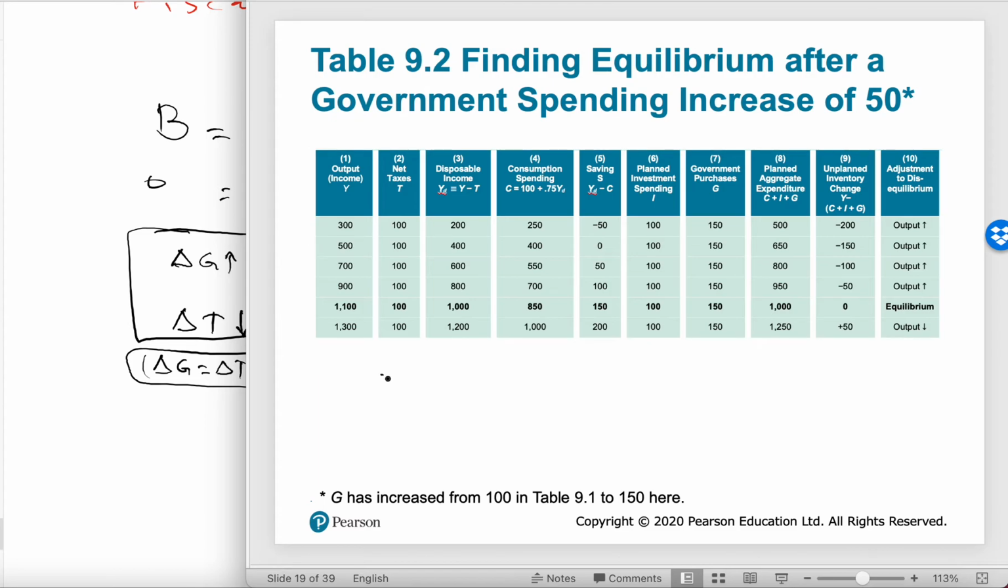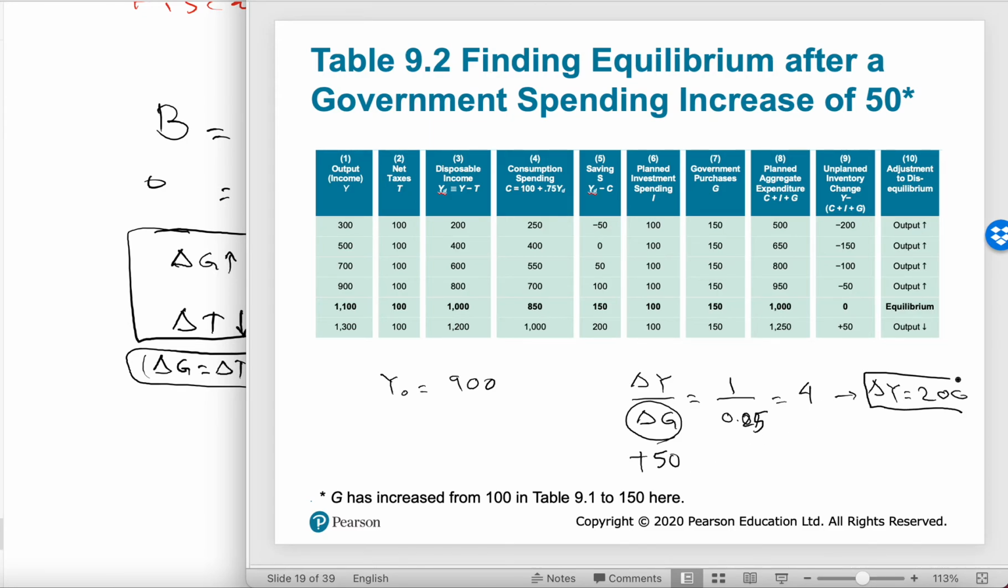Delta Y over delta G is 1 over 0.25, which is 4, and G is increased by 50. So how much is delta Y going to be? Delta Y is going to be 200, and so the new equilibrium is going to be this point.